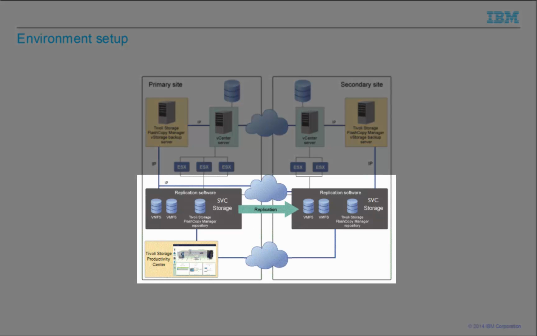At this point, I use the Tivoli Storage Productivity Center to provision the volumes that are later used as storage for the virtual machines. I have already configured both SVC storage devices, the vCenter server and the ESX hosts into TPC.